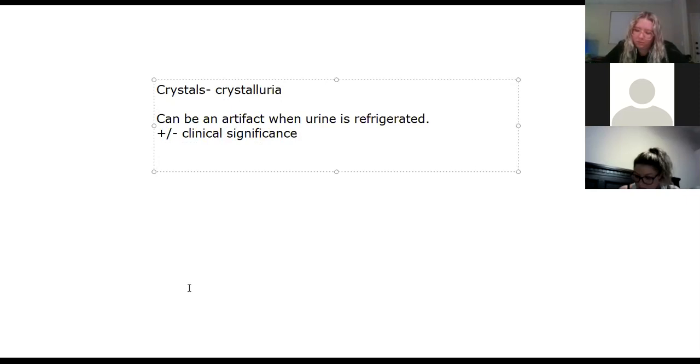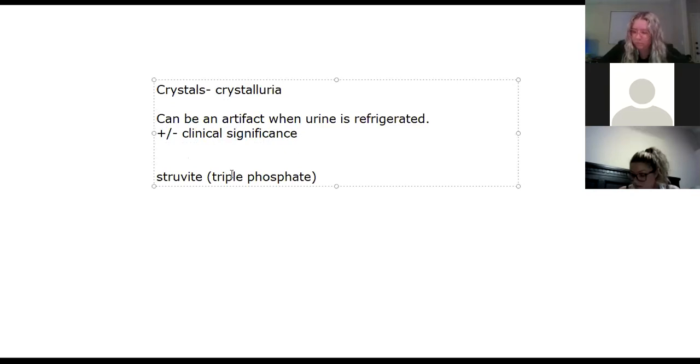Crystals that we can see include struvite, which are those coffin crystals. They're also called triple phosphate. Now, an important thing to note with our crystals is that they are often going to be influenced by the pH of the diet.